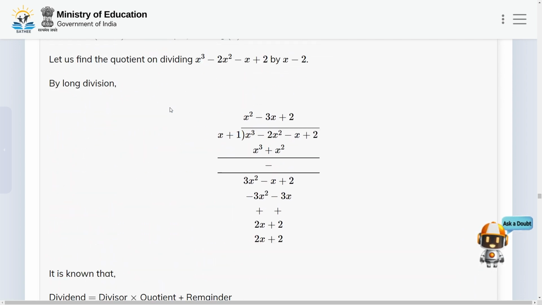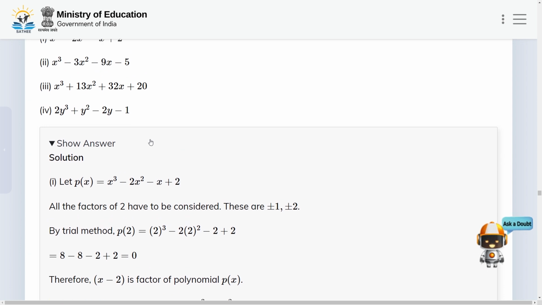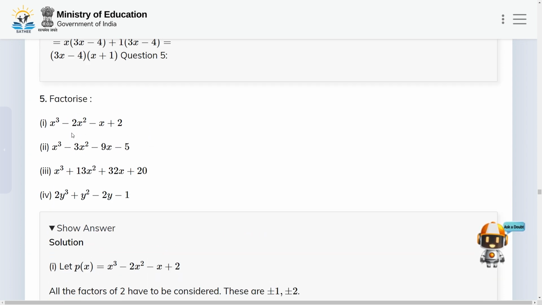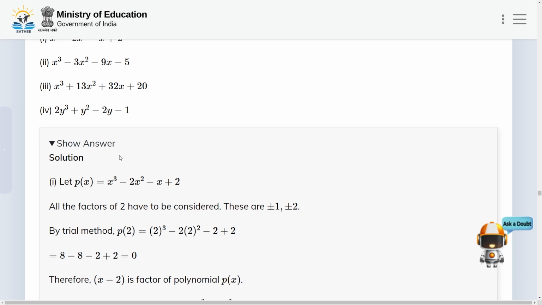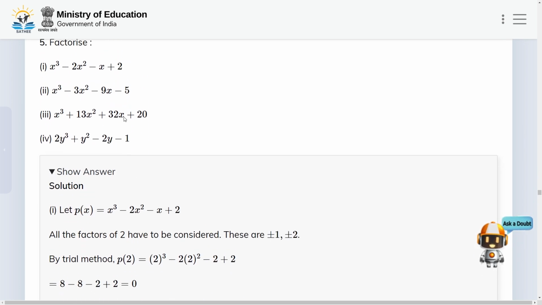In this lecture we discussed factorization of quadratic polynomials, and there we used the method of splitting the middle term. Then we discussed the factorization of cubic polynomials, and here we first find all the factors of the constant term given in the cubic polynomial.